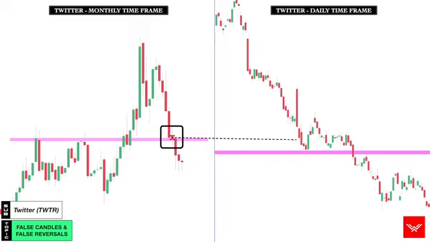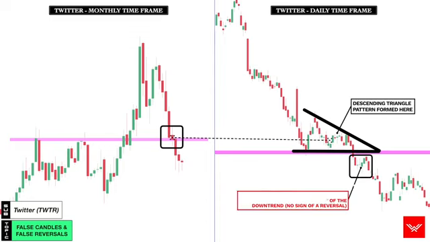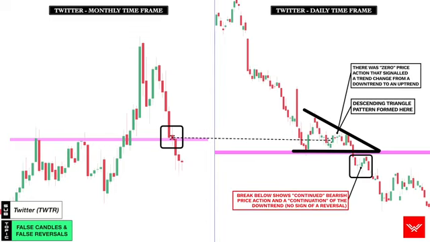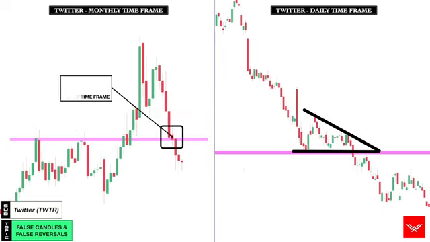This area here, where the candlestick formed, is this same area here. You had a descending triangle that then breaks below, which shows more bearish momentum and a continuation of the downtrend. Before even considering a counter trend entry against a very strong downtrend, you would have wanted things like a green candle to appear or multiple long wick candles to form on the higher monthly time frame on the left.